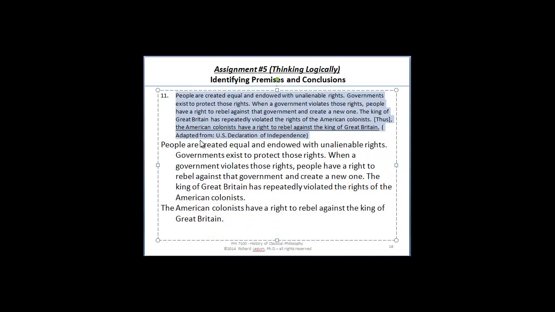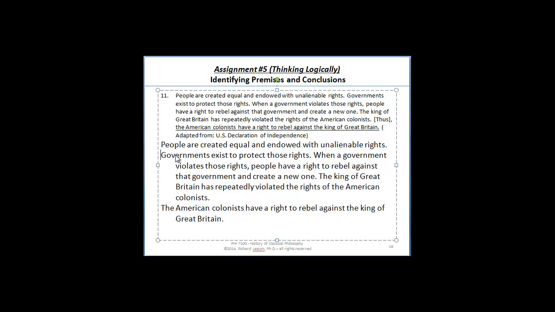Okay, and let's say people are created equal and endowed with unalienable rights. Governments exist to protect those rights. When a government violates those rights, people have the right to rebel against the government and create a new one.